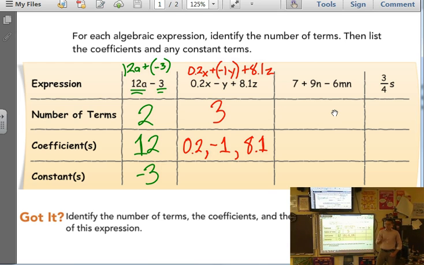If you really want to get technical, there's no such thing as subtraction. It was invented to represent adding negative values or adding loss. So we're really adding a negative 1y.